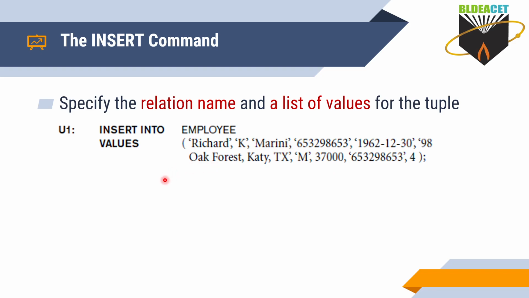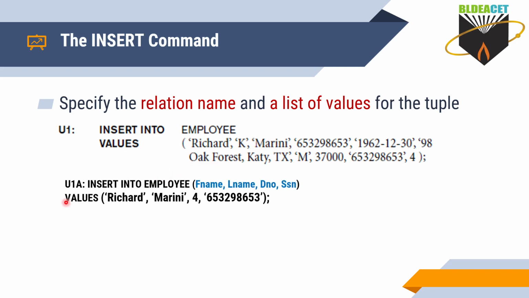So this is about how to insert. For example, I don't want to insert the values in sequence. As you know, DNO comes as the last attribute in the employee table, but I don't want to insert in the order in which you created the table. If you want to insert the values in the same order, this is the procedure. If you don't follow that order, then this is the procedure you have to use.